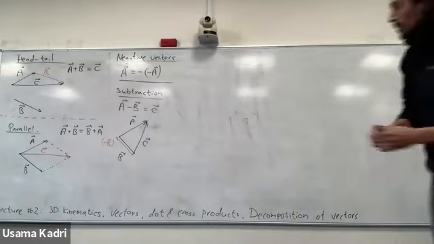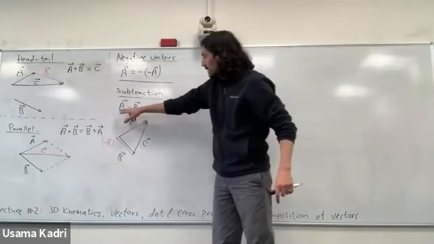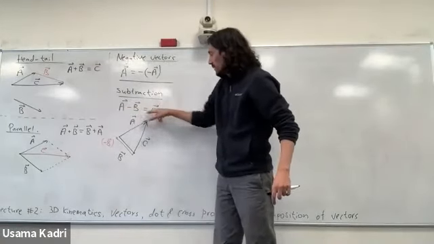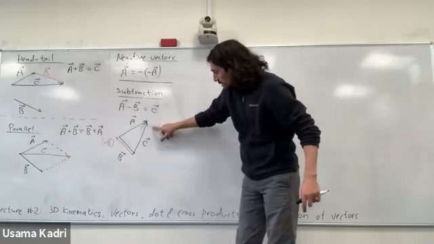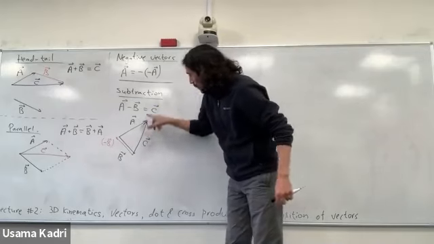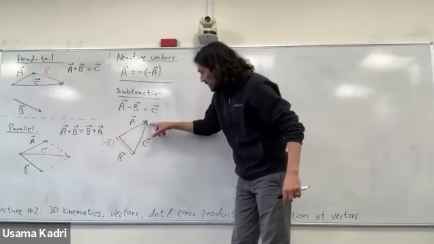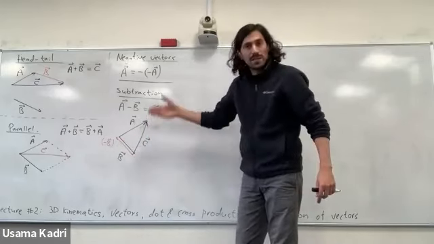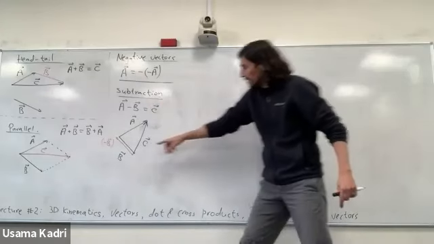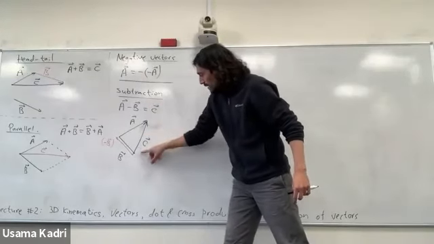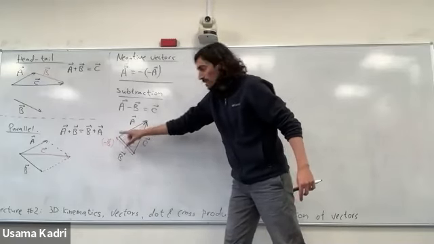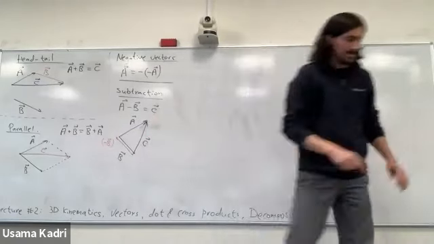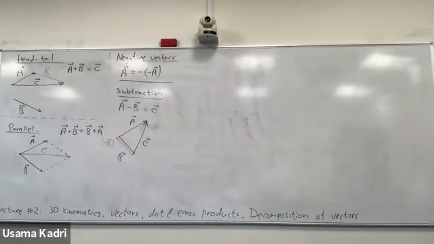The other way to see this is that A minus B equals C. You can write it as C plus B equals A, and you see this here. B plus C equals A. That's exactly the head-tail technique. The tail of C is the head of B, and A is from the tail of the first to the head of the second. All right.